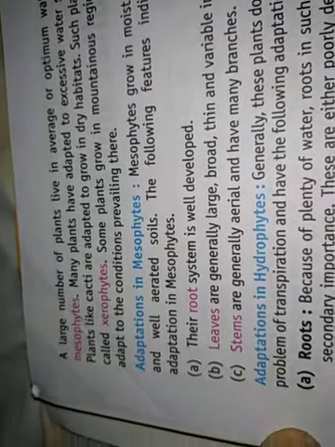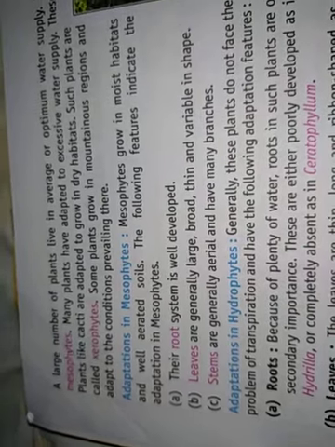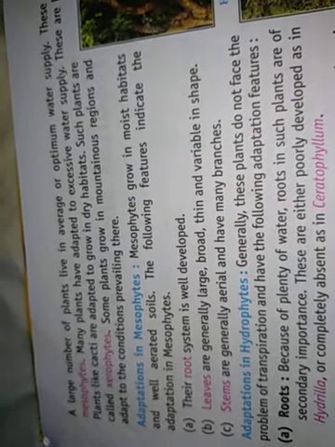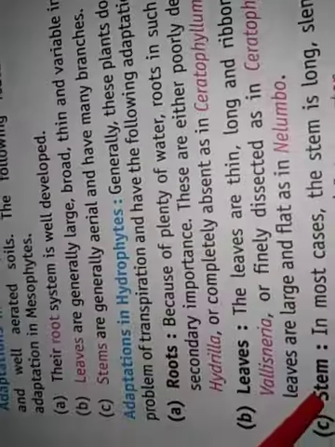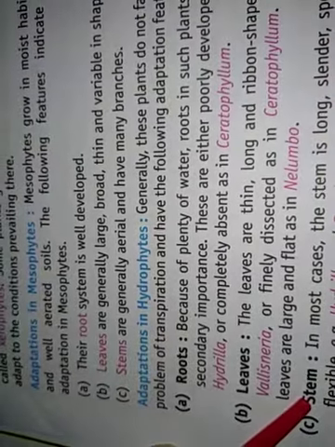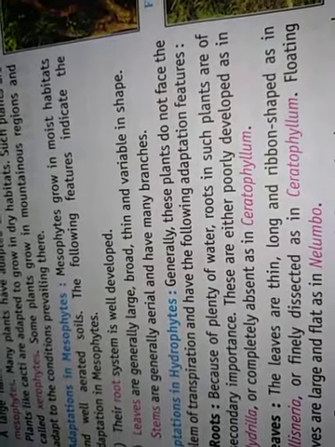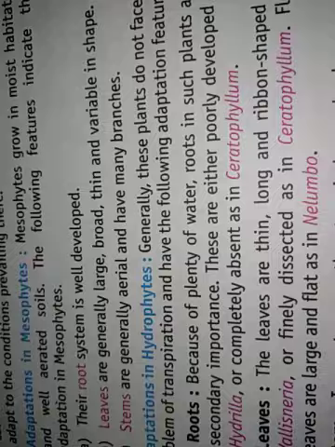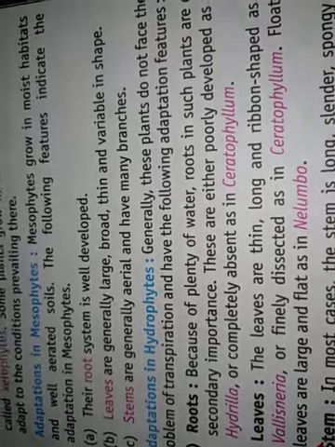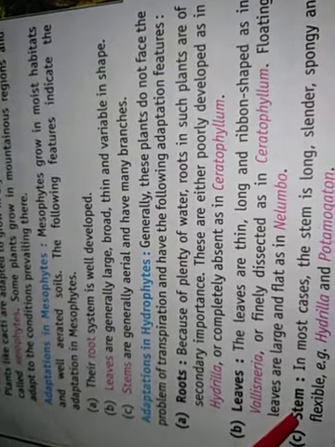Now let's see adaptation in hydrophytes. Generally, these plants do not face the problem of transpiration and have the following adaptation features. First, a root. Because of plenty of water, roots in such plants are of secondary importance. These are either poorly developed, as in hydrilla, or completely absent, as in ceratophyllum.